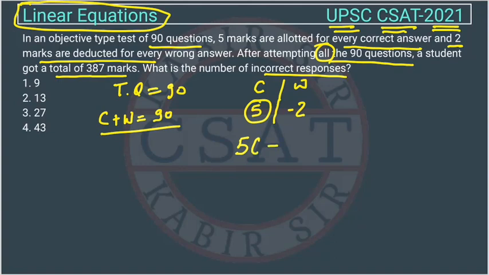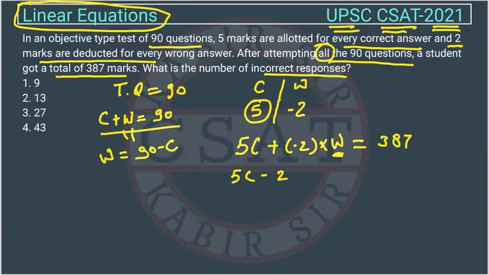So for that minus 2 marks are allotted, right? So this will be minus 2 into W for the wrong answers, and the total is equal to 387, right? So this will be 5C minus 2W, and from this equation we can assume the wrong answer W will be equal to 90 minus C, right? So it will become 5C minus 2 into (90 minus C) is equal to 387. Now we will solve this equation and we will get the answer, right?